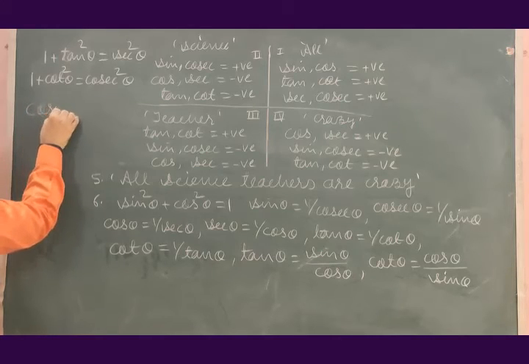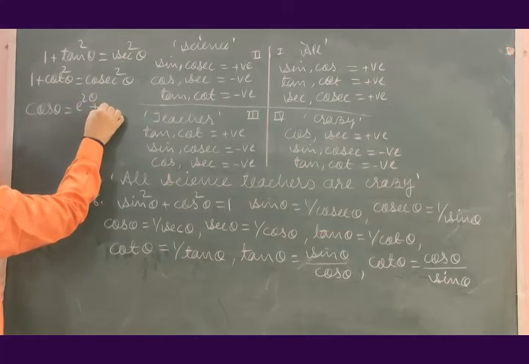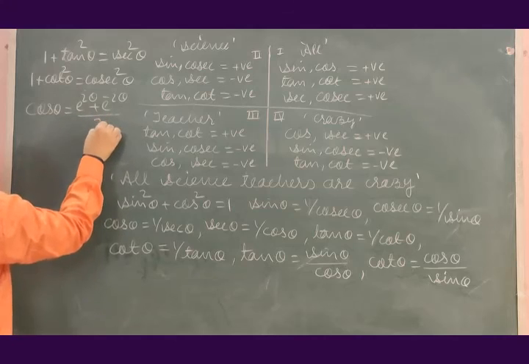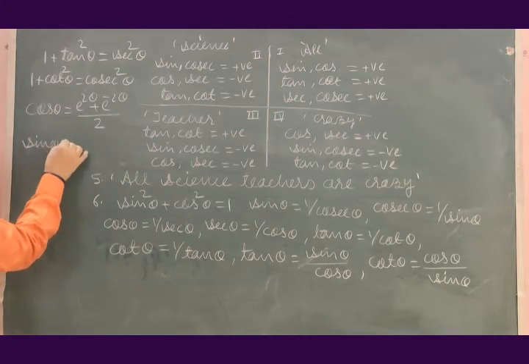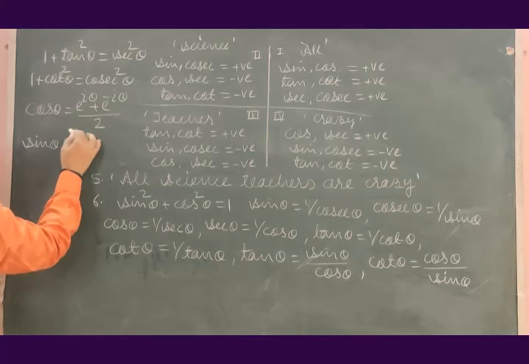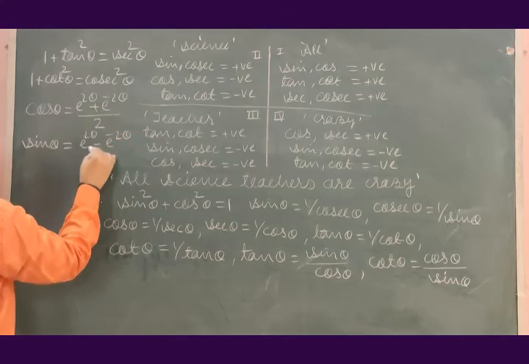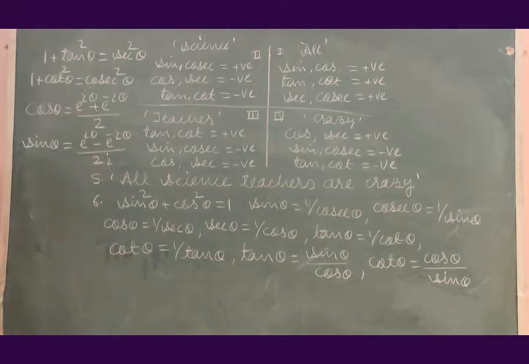Then cos theta is equal to e to the power i theta plus e to the power minus i theta, divided by 2. Sin theta is equal to e to the power i theta minus e to the power minus i theta, divided by 2i.